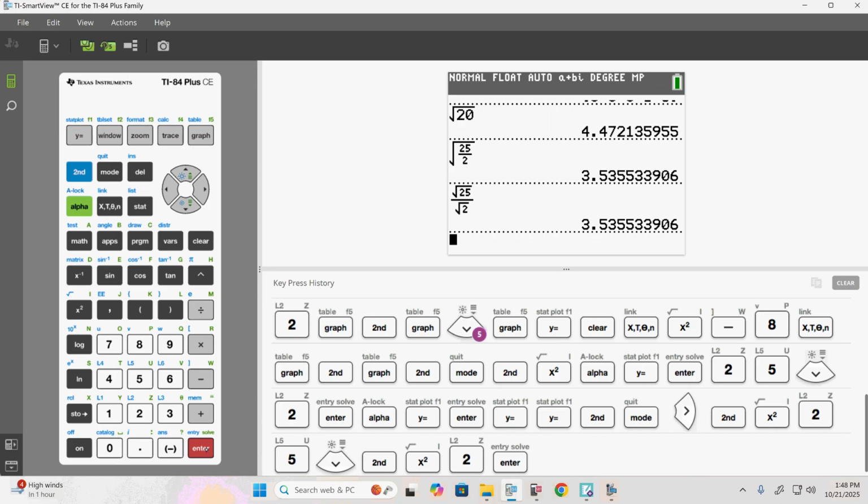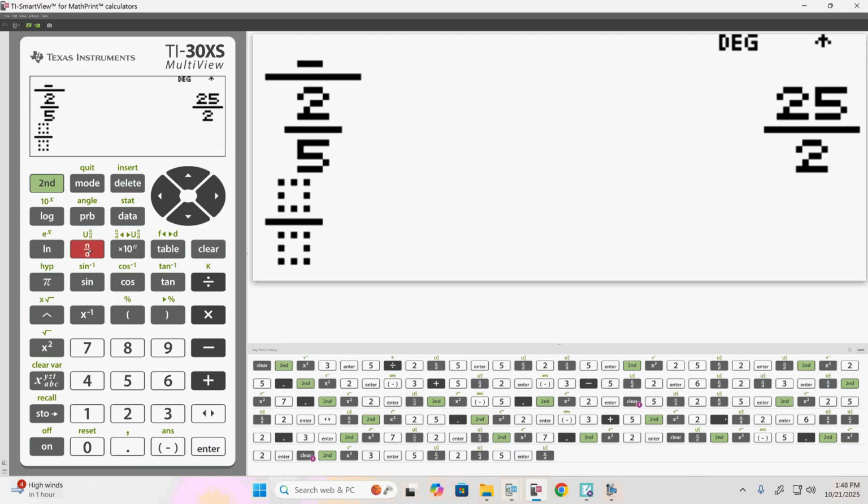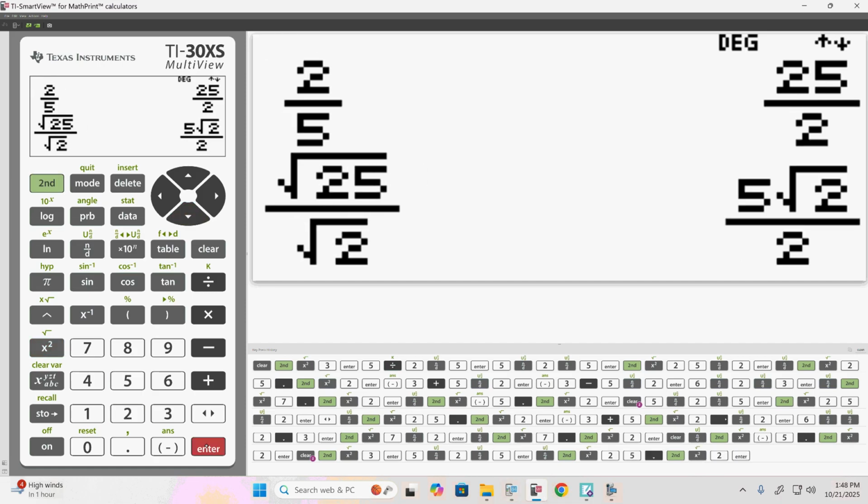We do not want the decimal approximation. So we're going to use the TI-30XS, because our yellow calculator will actually simplify the square root of 25 over the square root of 2. It will simplify the square root of 25/2 into simplest radical form.